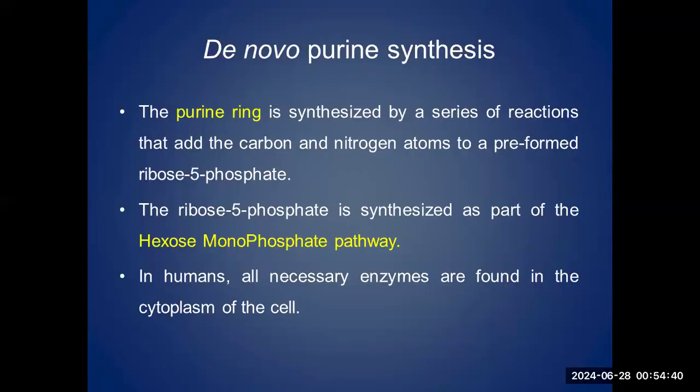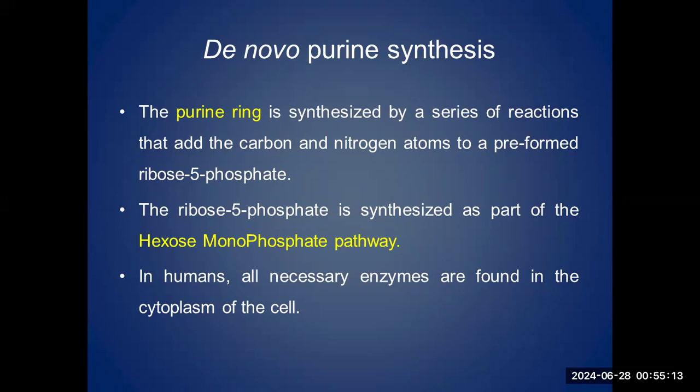De novo purine synthesis. In de novo purine synthesis, the purine ring is synthesized by a series of reactions that add the carbon and nitrogen atoms to preformed ribose 5-phosphate.